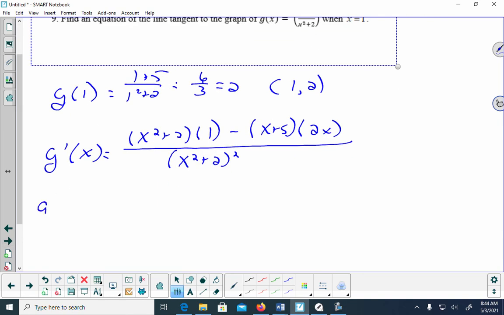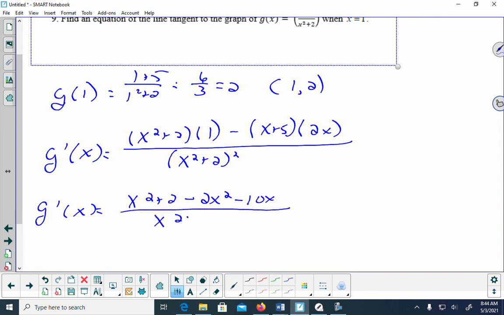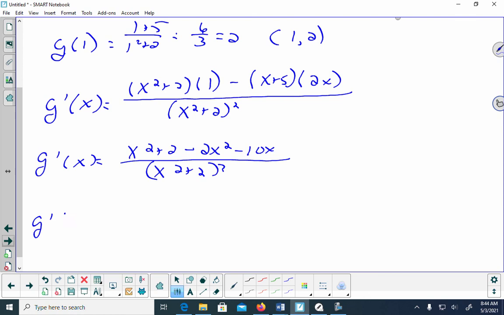And so then when I look at this, I am going to have x squared plus 2 minus 2x squared minus 10x all over x squared plus 2 squared. You really don't have to, but I'm going to combine my like terms. So this will be negative x squared minus 10x plus 2 over x squared plus 2 squared.